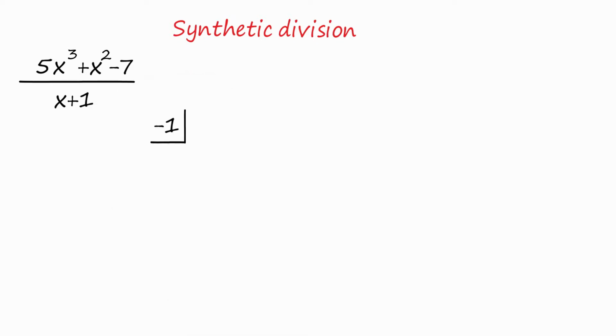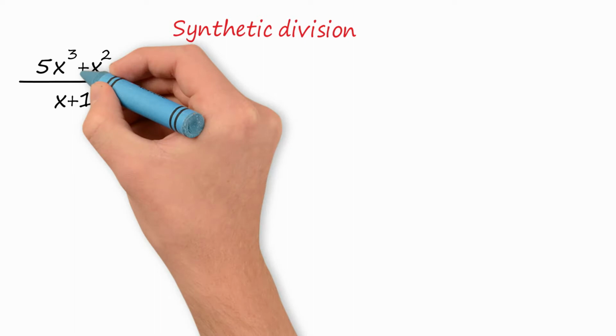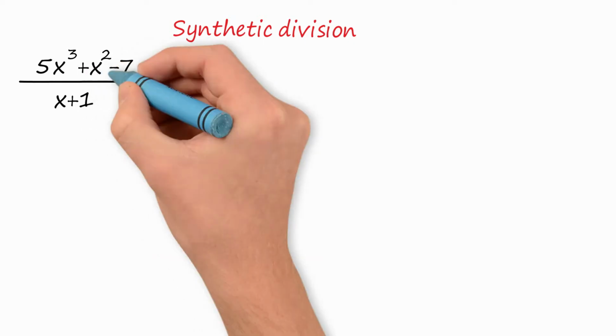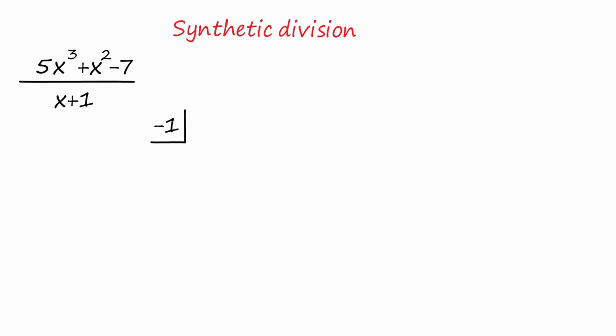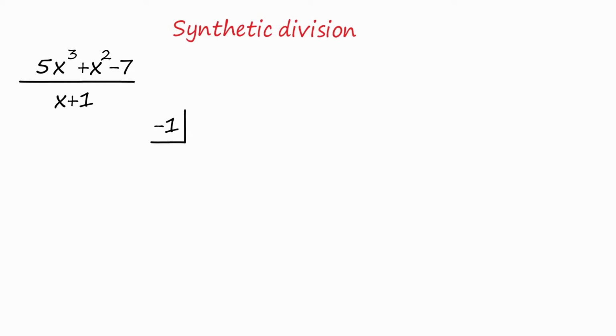Next step. Place the coefficients from your polynomial on the top in descending order. We have 5x cubed, and we have x squared, and then we have a minus 7 constant. The coefficient in front of the x cubed is a 5, so I am going to put 5 in the first row.